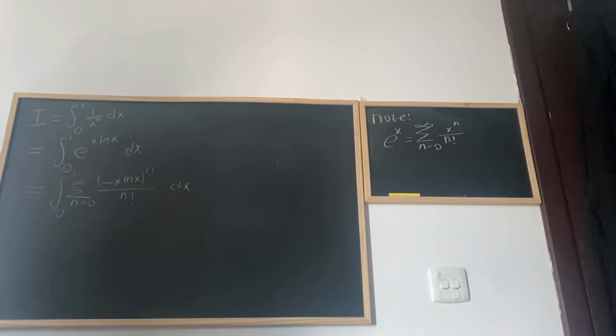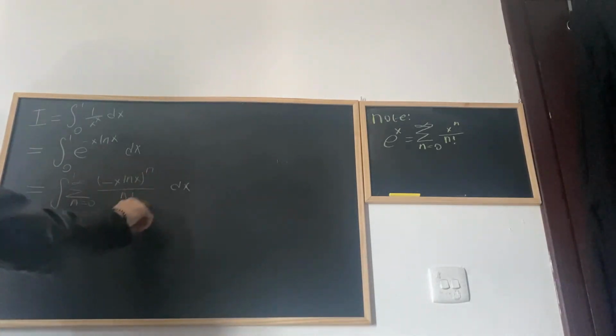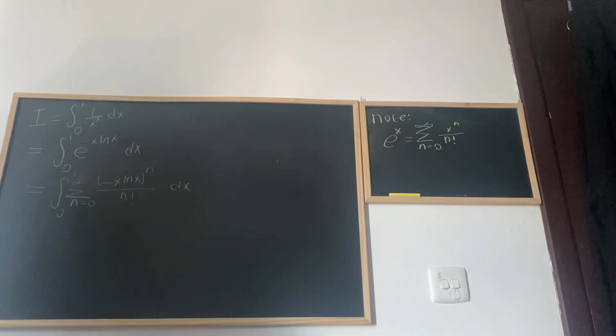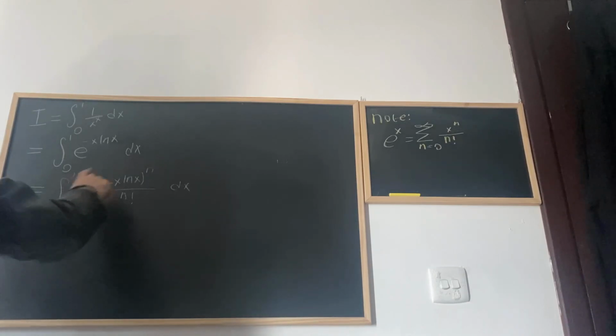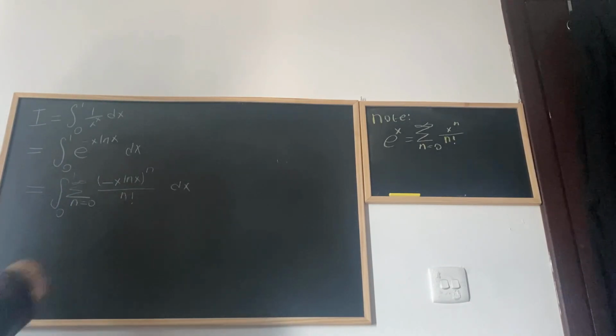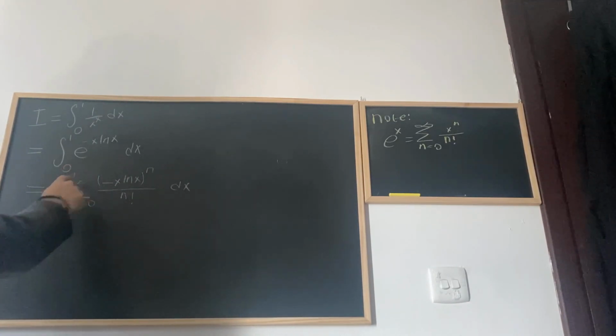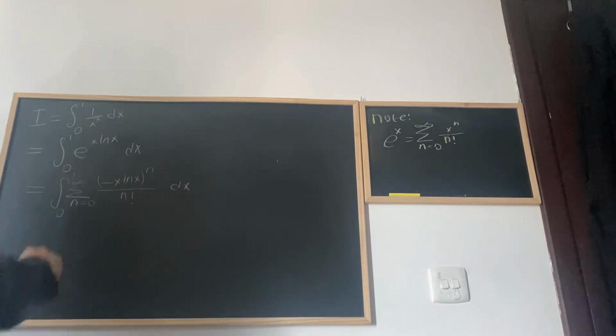Now, we notice that this function converges. The reason it converges is because x is between the bounds of 0 and 1, meaning this entire thing will converge at some point.